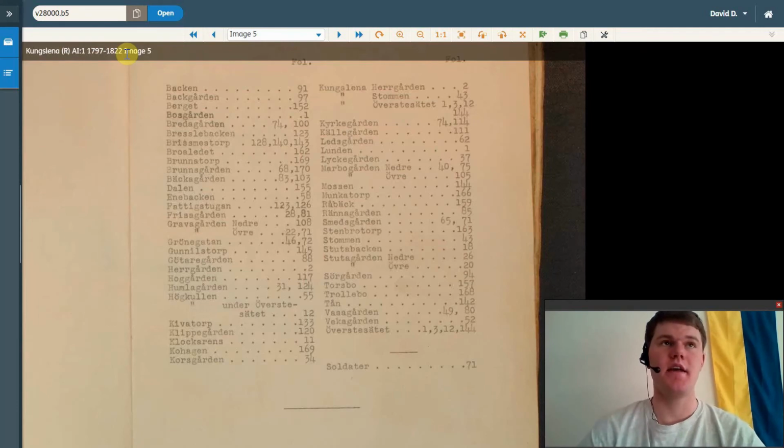And then if I don't find them there, then I can go page by page to see if they are listed in there. And if I don't find them in that same book, I look at other parishes surrounding the relatives of that parish, and I see if I can see them there. And that is kind of the process that I roughly go through to see if I can find them the easiest way.